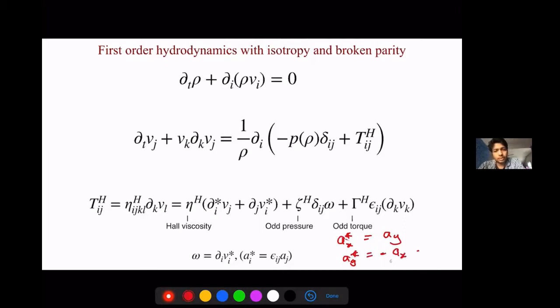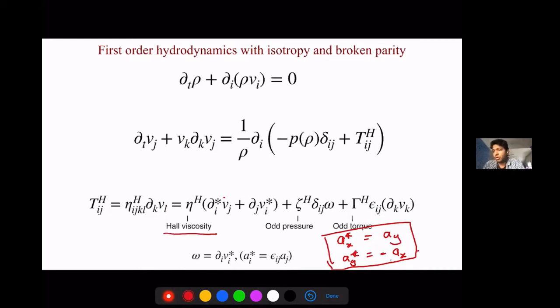Okay, so this is the notation that I'm going to use frequently in this talk: star of a vector means just this definition in 2 dimensions.